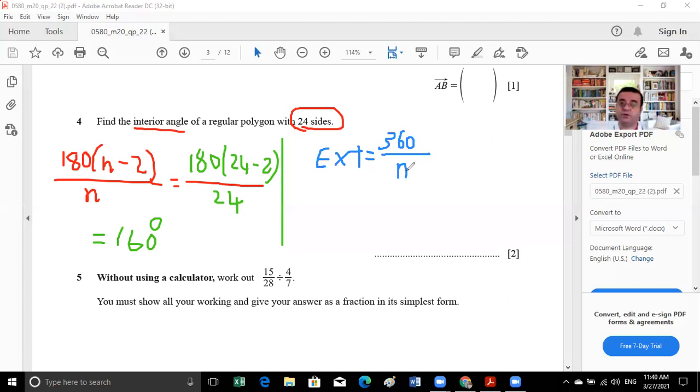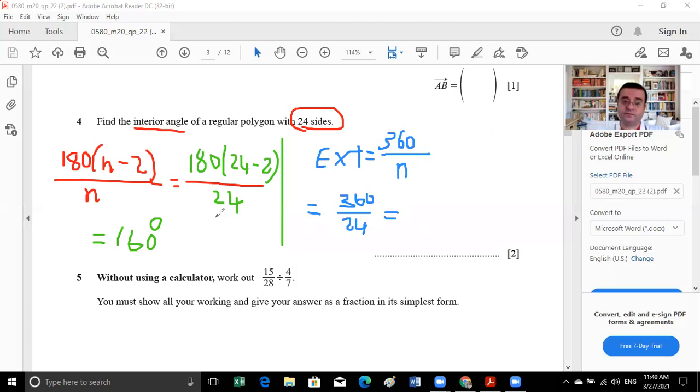What do you think? Let's try. This is a formula, you know. I spent a few hours to get this formula. So exterior angle equals 360 over 24. What's the answer?